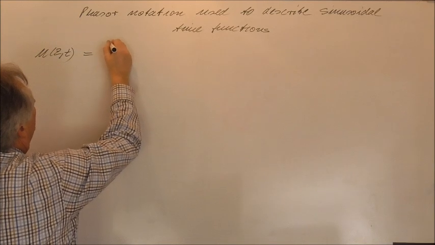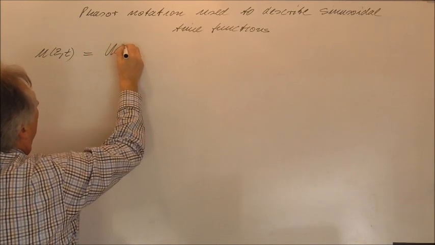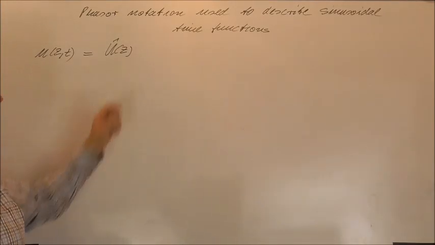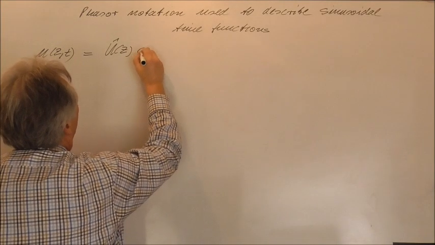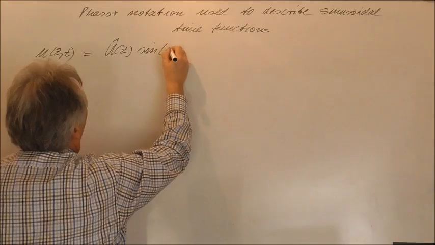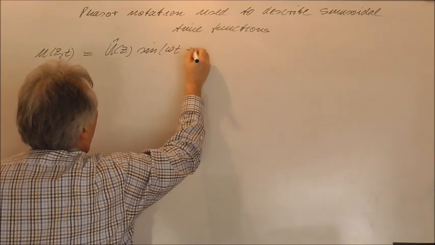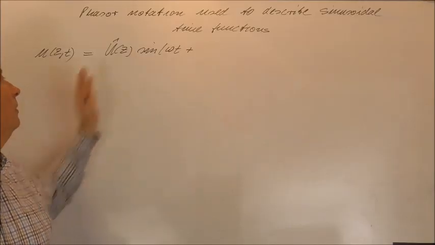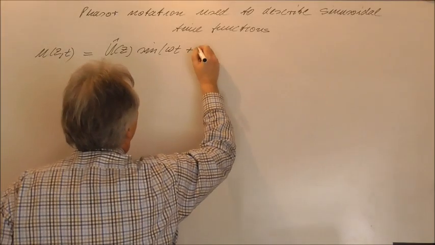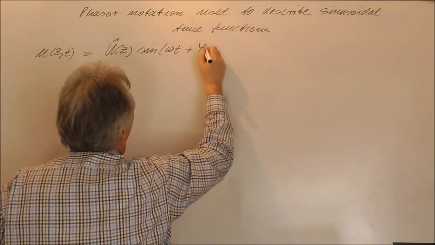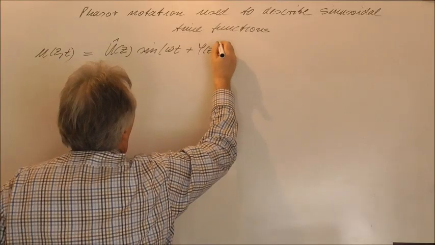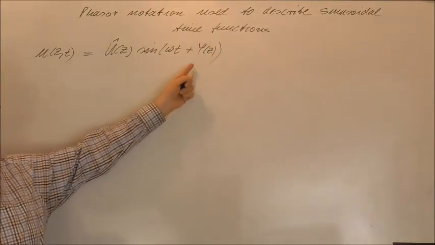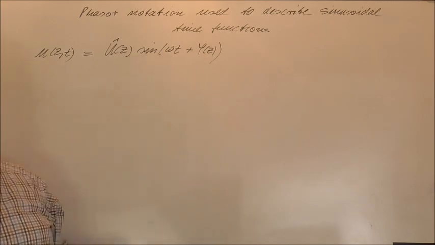This results in the fact that the amplitude itself becomes a function of the space coordinates, sin(omega t plus, and also the phase may change, so we have to introduce here phi of z. So also the phase shift may be a function of the z coordinate.